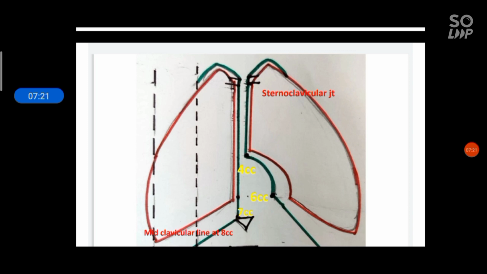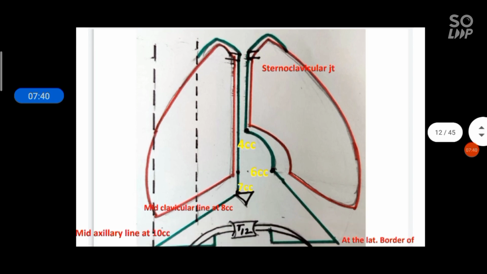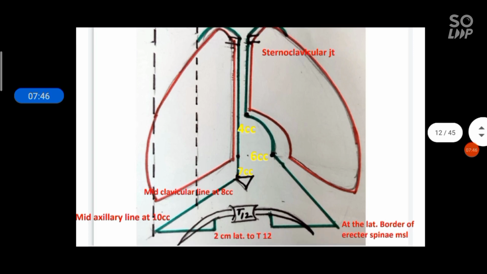On the left side, the point is taken at the 4th costal cartilage, and from the 4th to 6th you can see a shallow groove. It is 3.5 to 4 cm from the midline. It forms a cardiac notch, and from here on the right side you can see the reflection of the green line.